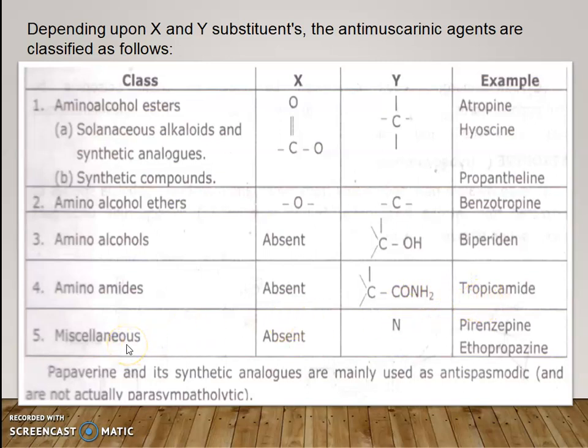Then next class, miscellaneous, in which X is absent and at Y it has nitrogen, for example pirenzepine, ethopropazine. Papaverine and its synthetic analogs are mainly used as antispasmodics and are not actually parasympatholytic drugs.